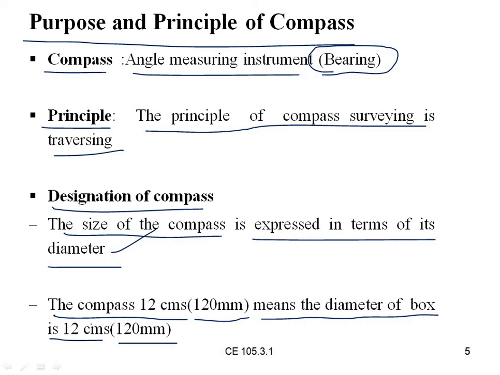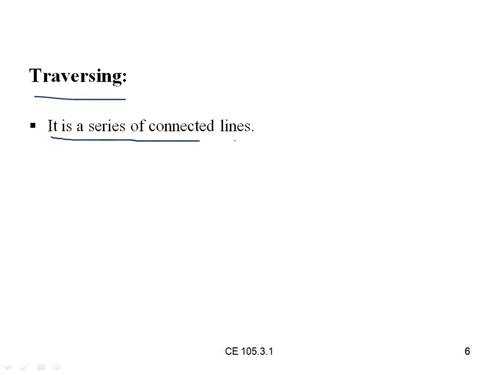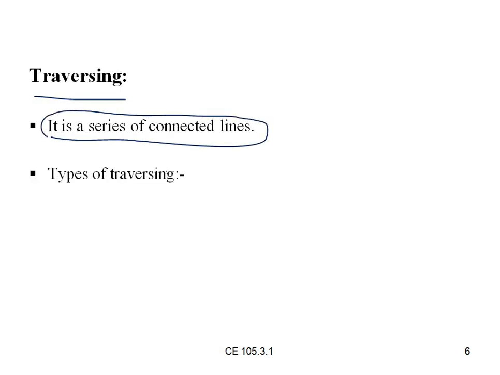Remember, this is a very important point. So what do you mean by traversing? It is a series of connected lines. This traversing has two types.